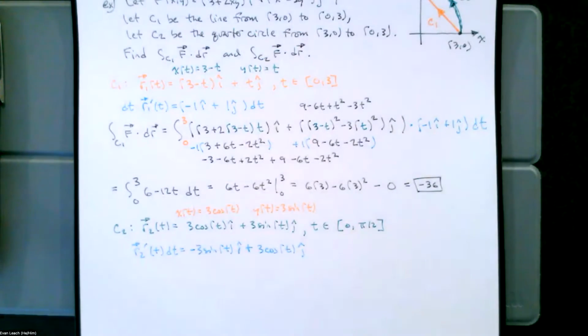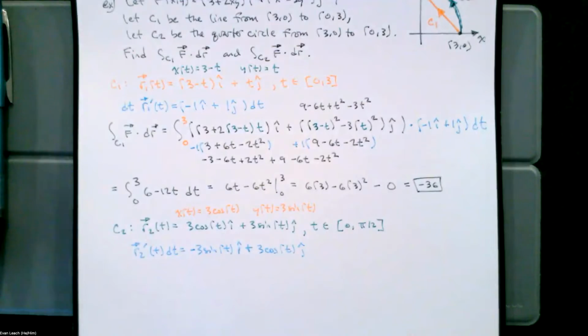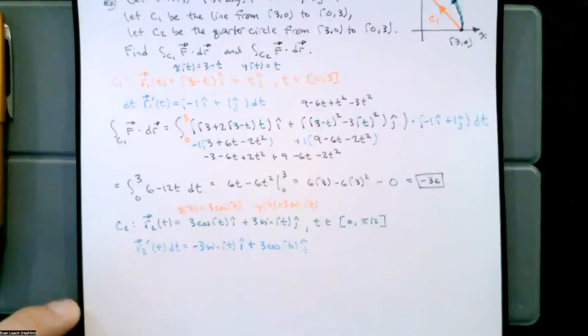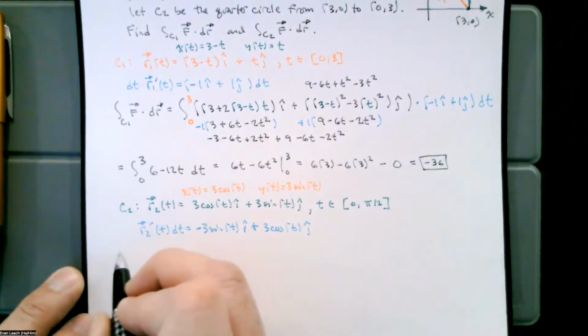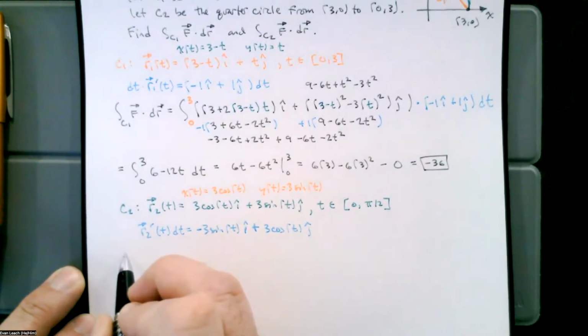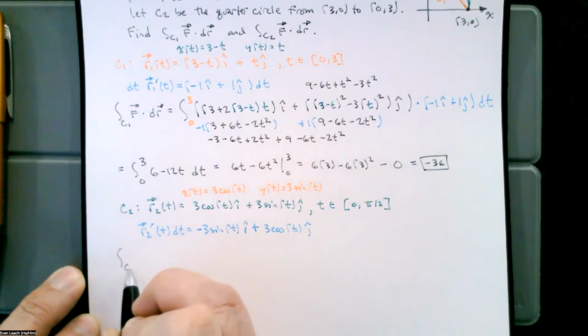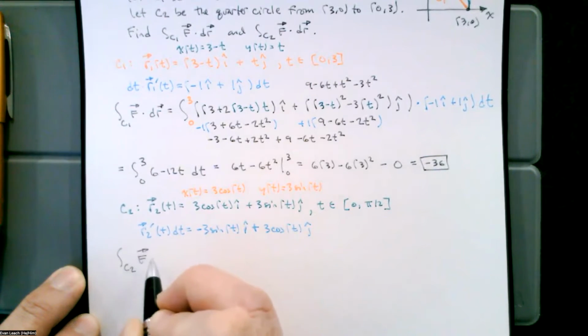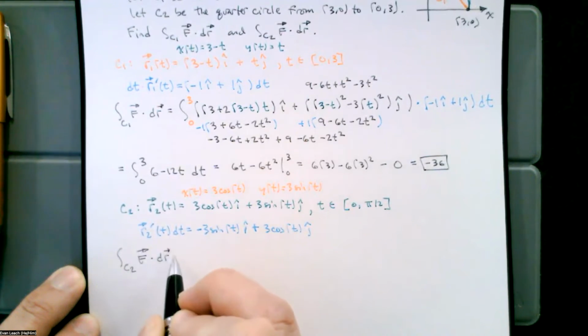So now we're plugging this x and y into our vector field. So our line integral over C2 of F dot dr.